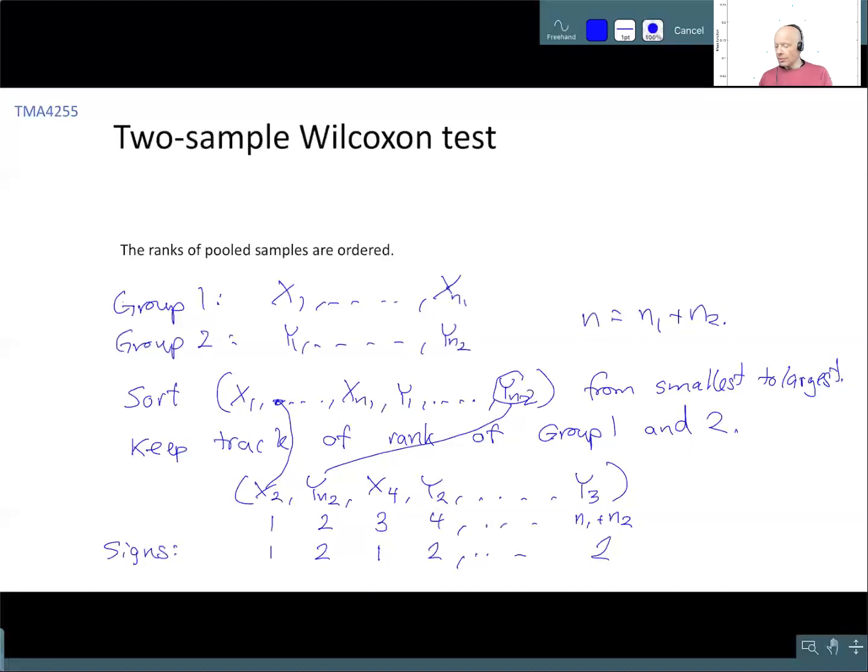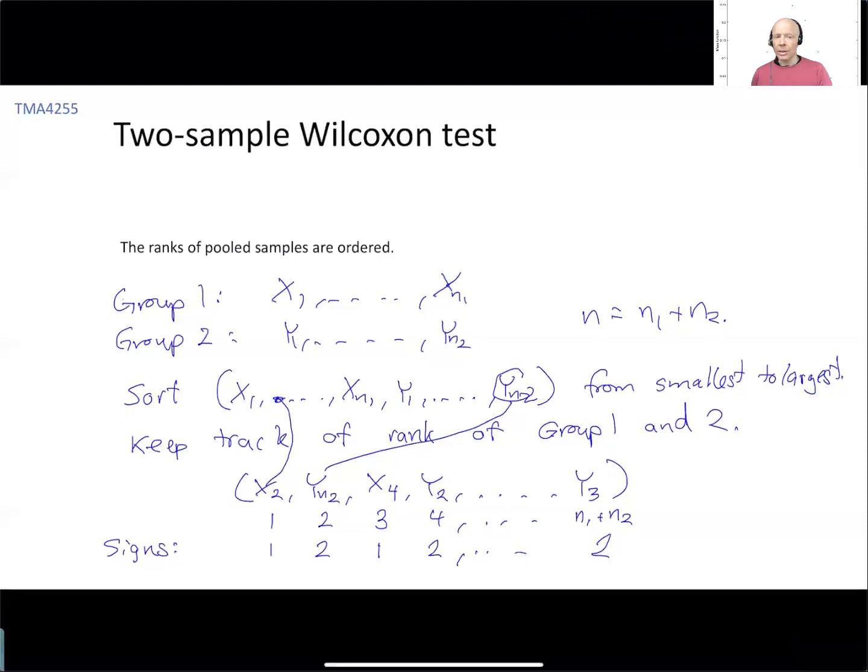If it's such that the ranks are about the same for group 1 and group 2, so that they spread out randomly, then it's natural to believe that the samples come from the same population. So then we could not reject a hypothesis saying that they come from the same distribution.